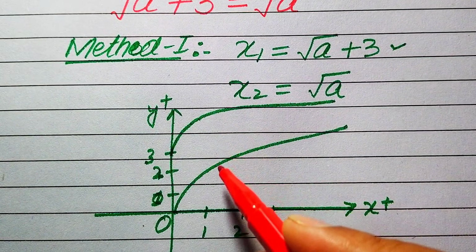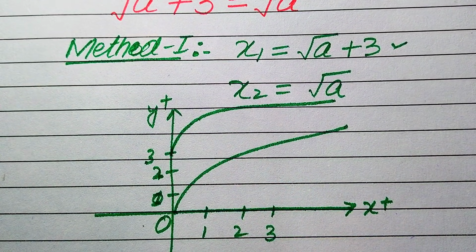The difference between these two graphs is 3 units.